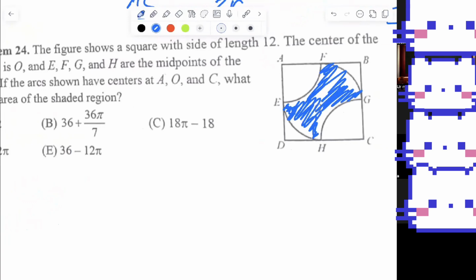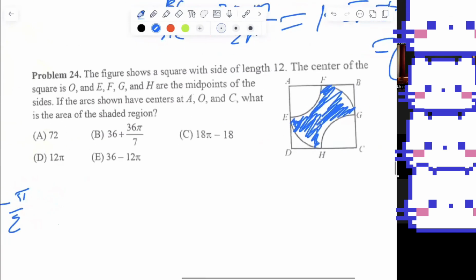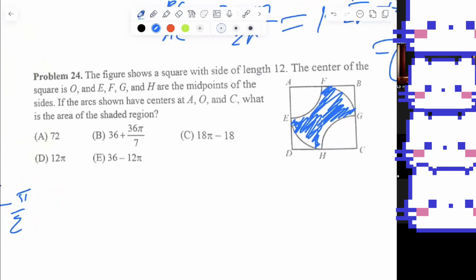So, are you sure it's the middle part or the other parts of the square? And can you please zoom out, please? Yeah, thank you. So basically, it's the middle part. Yeah, I'm right.